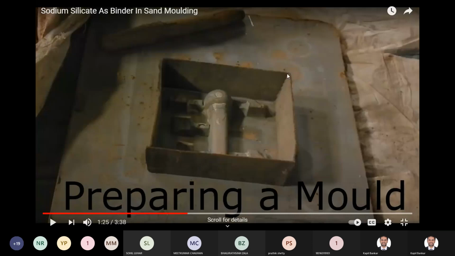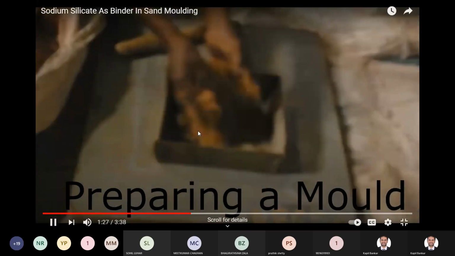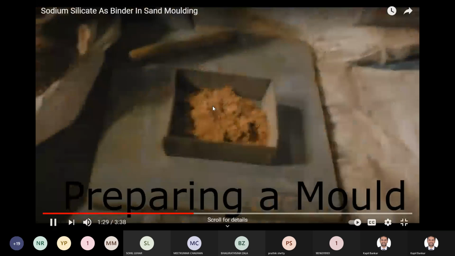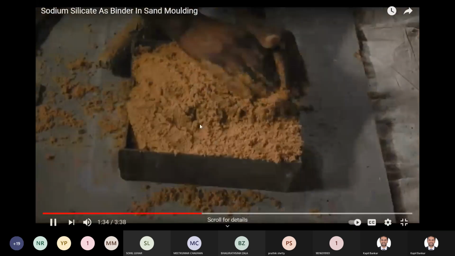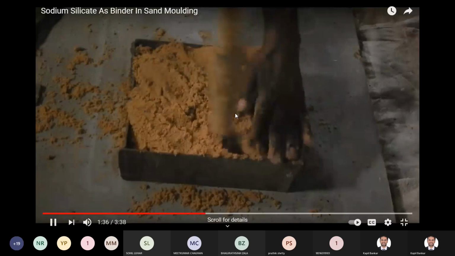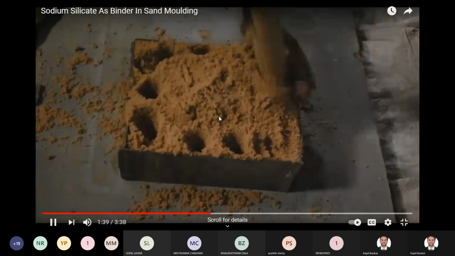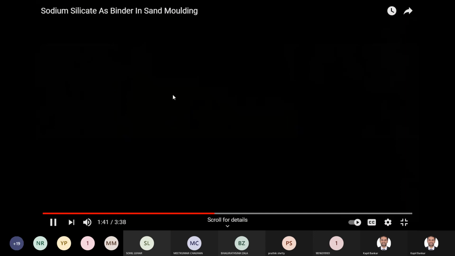This one, the container which is open from both sides, is your flask, and inside the flask there is your pattern. Now apply some sand. In this video, some sand is being applied that is mixed with sodium silicate. This is the mixture of sodium silicate, water, and silica sand. Then apply ramming pressure.